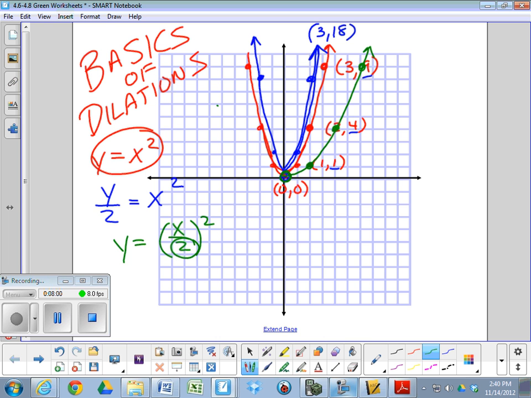It works. Try it. Put in 6. Did you get 9? What's 6 over 2 squared? 9. It works. The opposite action creates this reaction. Dividing by 2 widens it. Question?